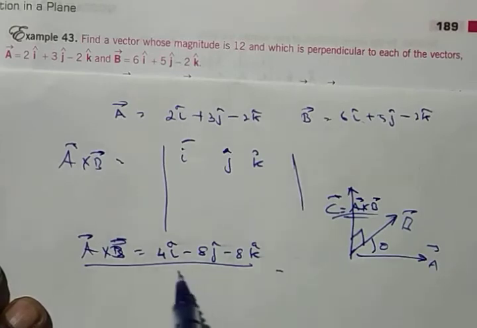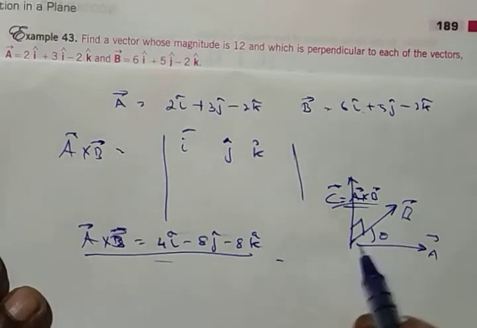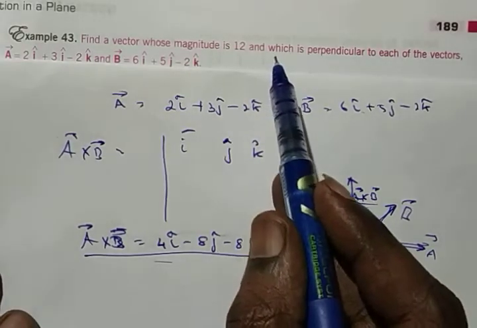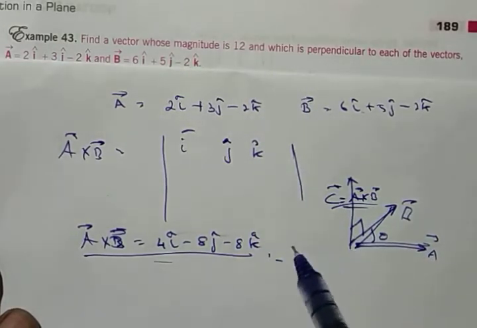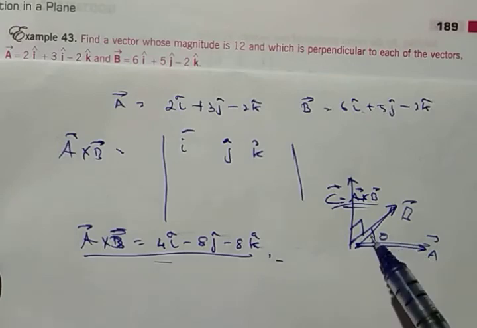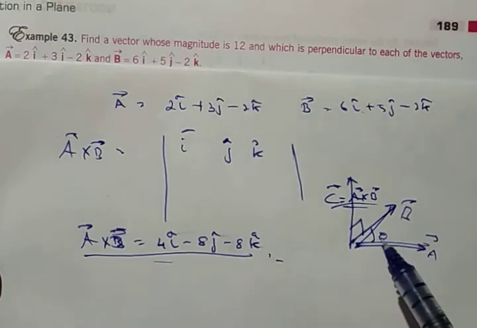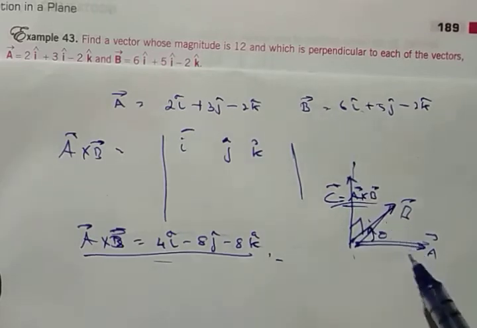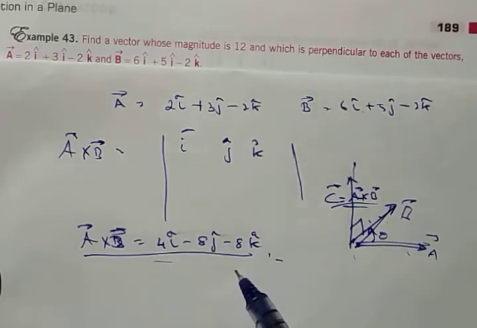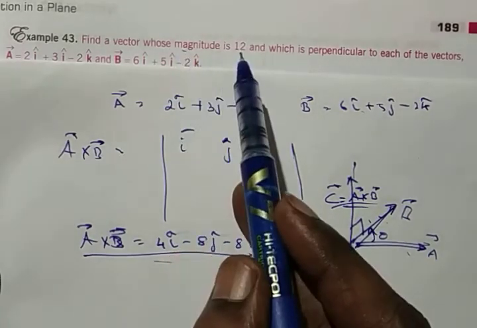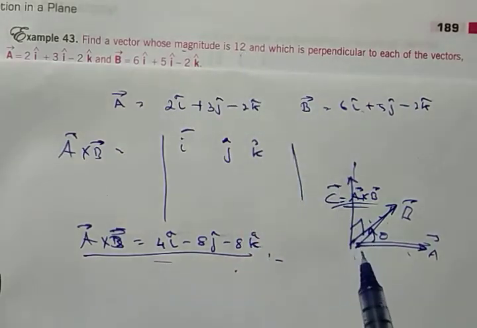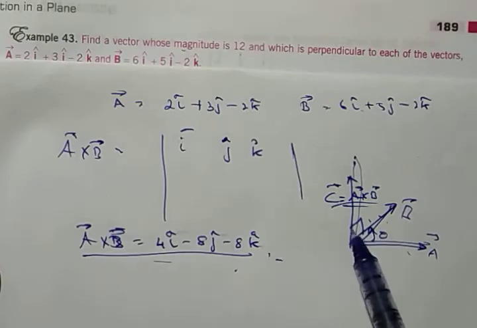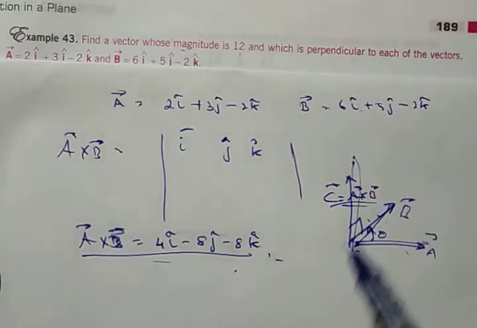This vector is perpendicular to A and perpendicular to B. They did not ask you to find a cross product, but we have found it because that's the only fact which enables us to get a vector that A cross B will definitely be perpendicular to these two. After finding this, they are asking whose magnitude is 12. This vector should have a magnitude of 12 and should be perpendicular to this one.